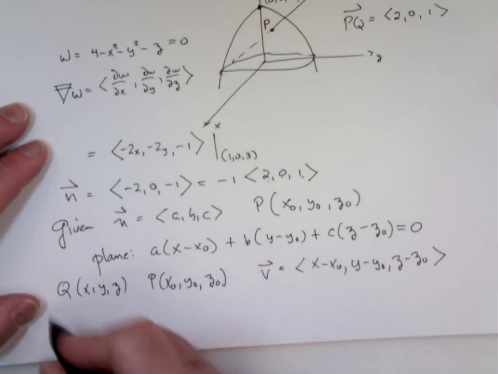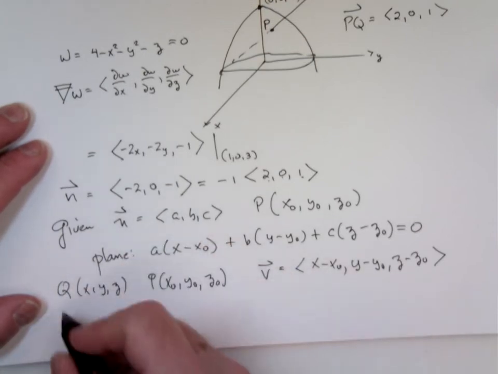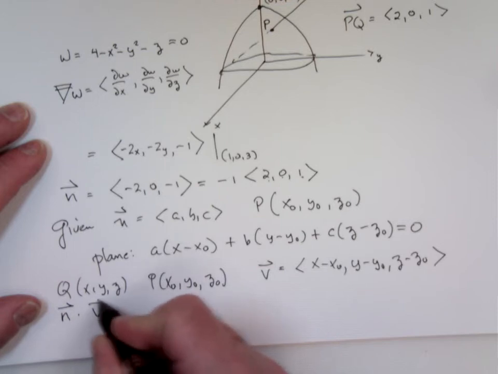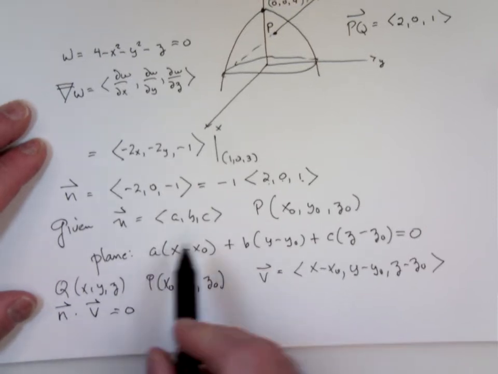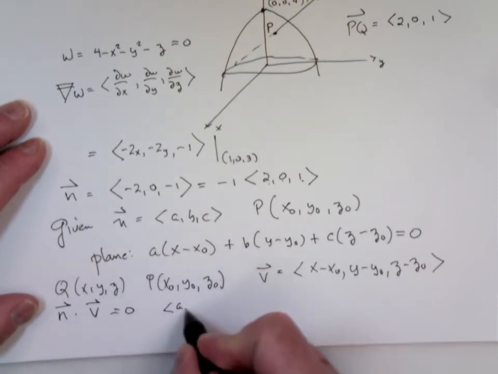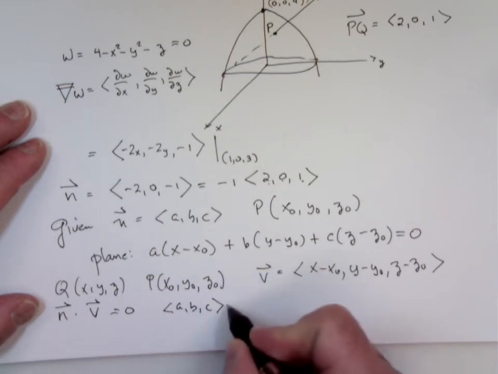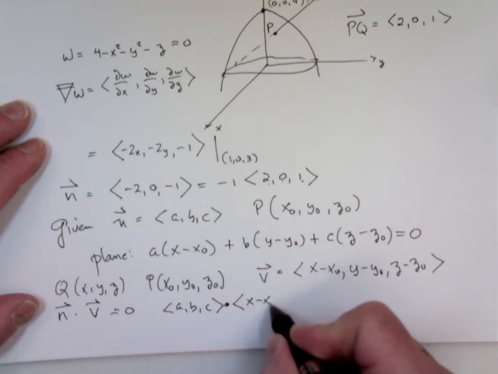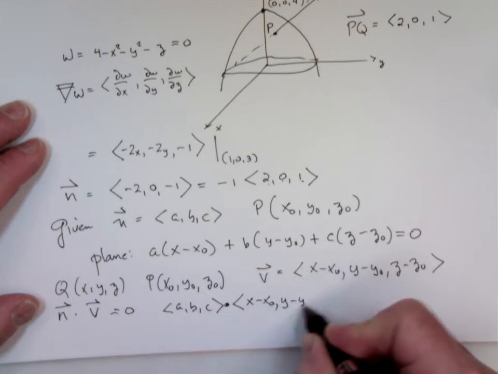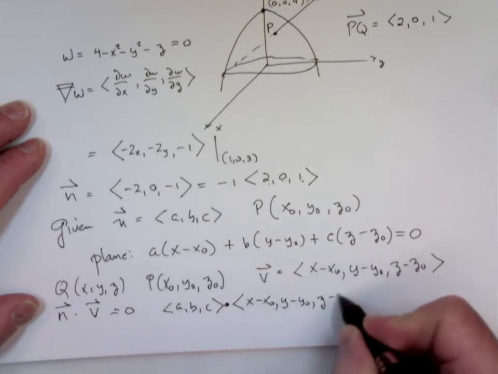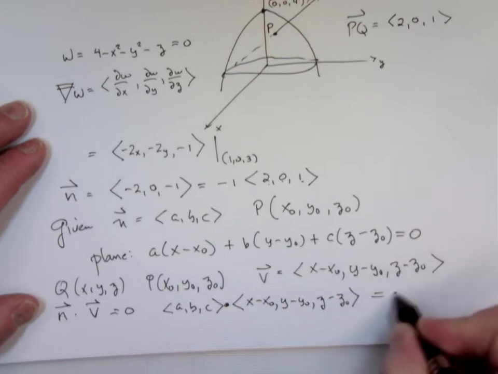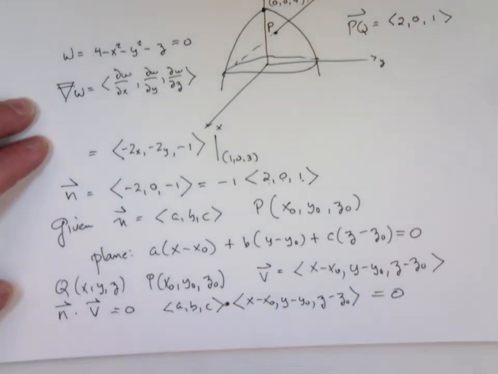So if we take n, which is A, B, C, it must be the case that n dot v must be 0. Well, here's n. Here's our vector v. That's got to equal 0. That's the only way a point's going to be on our plane.